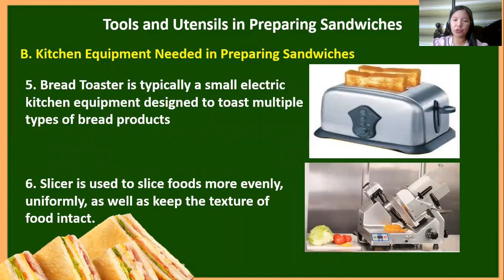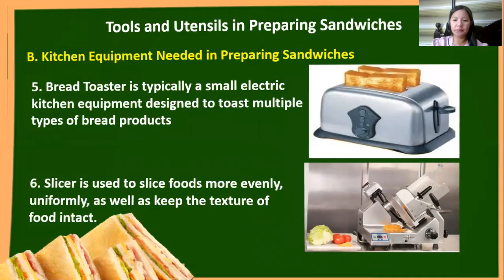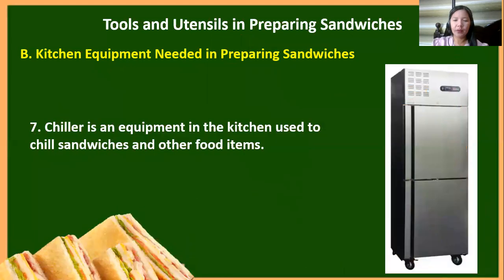Okay, a bread toaster, which is typically a small electric kitchen equipment designed to toast multiple types of bread products. We also have a slicer, which is used to slice foods more evenly and uniformly, as well as keep the texture of food intact. Okay, a chiller, which is an equipment in the kitchen used to chill sandwiches and other food items.